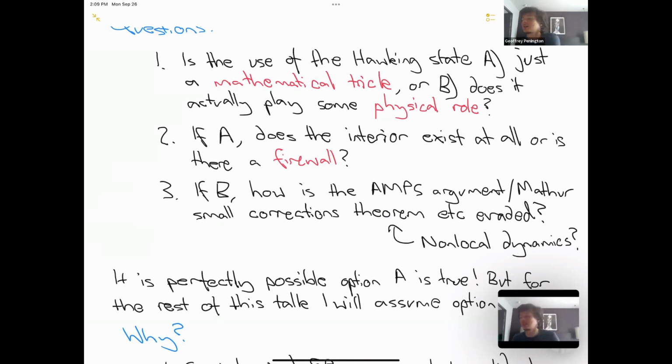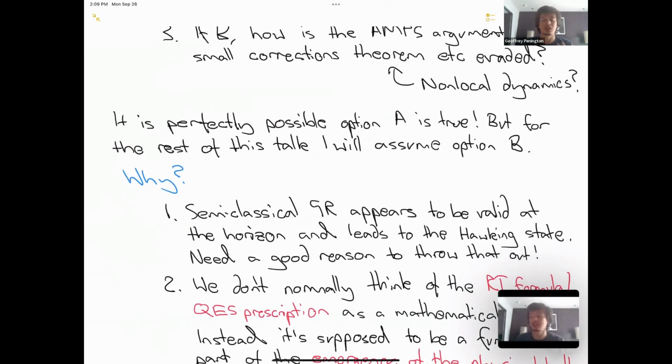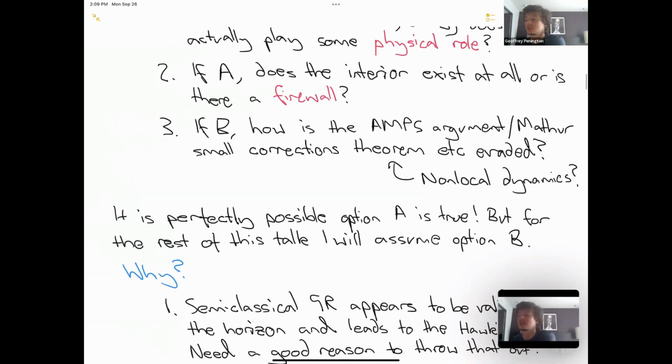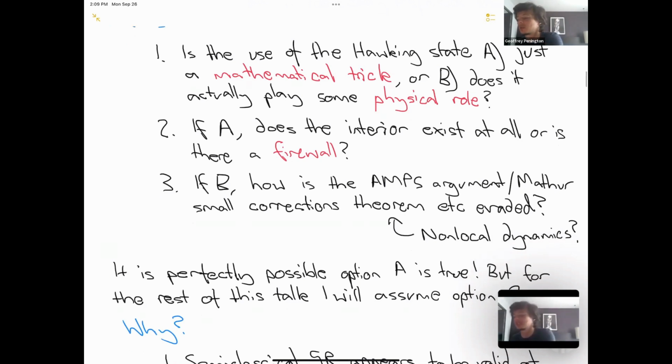But what I will be doing for the rest of this talk is assuming option B rather than option A. So I'm going to assume that actually the Hawking state is going to play some physical role, that it's not purely a way of calculating entropies and stuff that doesn't really exist, and that's really just a firewall.